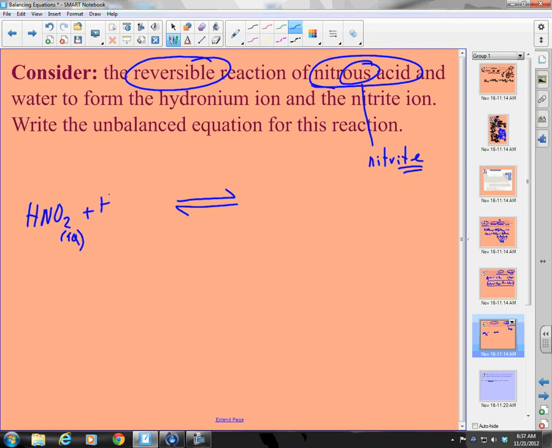And water yields to form hydronium ion, H3O plus, aqueous. I guess I should have said these were aqueous. And the nitrite ion. Yes. Now, I should have told you that these were aqueous, my fault, but to form aqueous. I knew that. And aqueous. There you go.